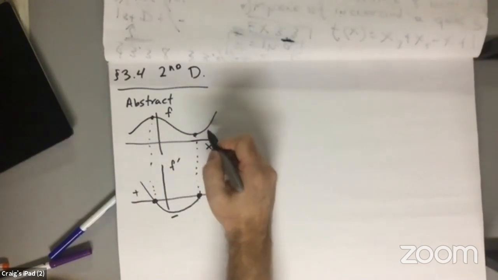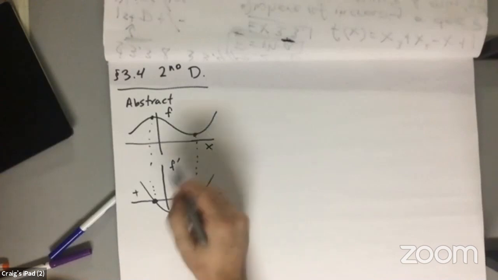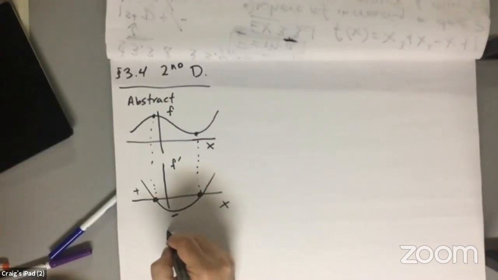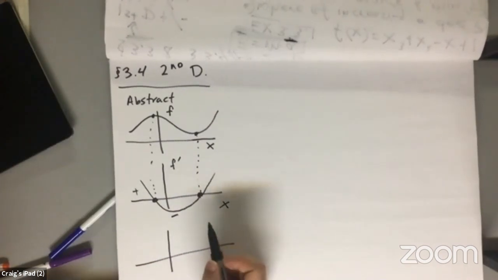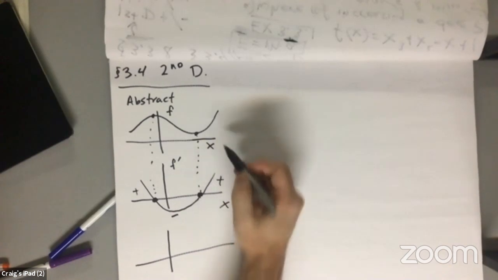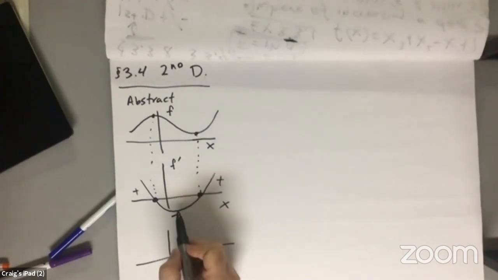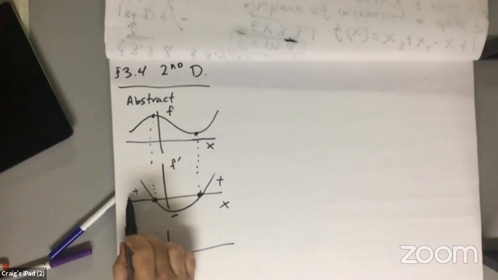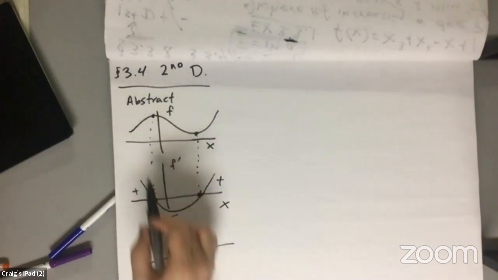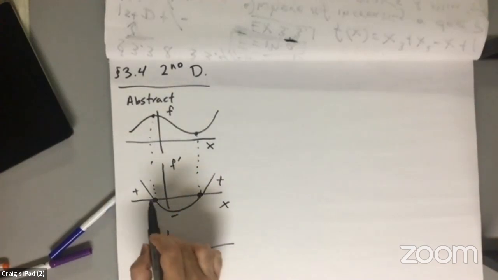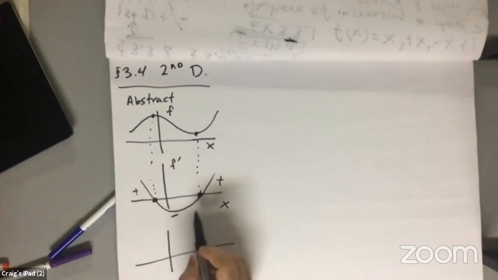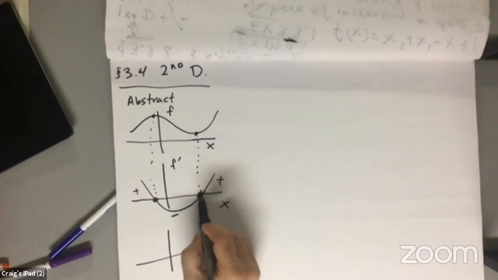And over here, the derivative is positive also. So this is what the derivative looks like. Where it's positive means the function's increasing. Where it's negative means the function's decreasing. So in between increasing to decreasing, I have a maximum. In between decreasing to increasing, I have a minimum. That's the first derivative test.